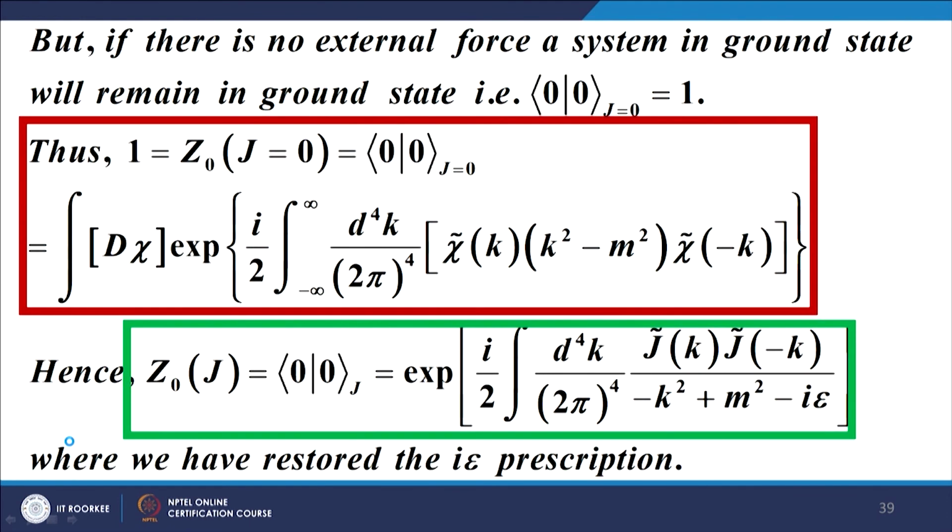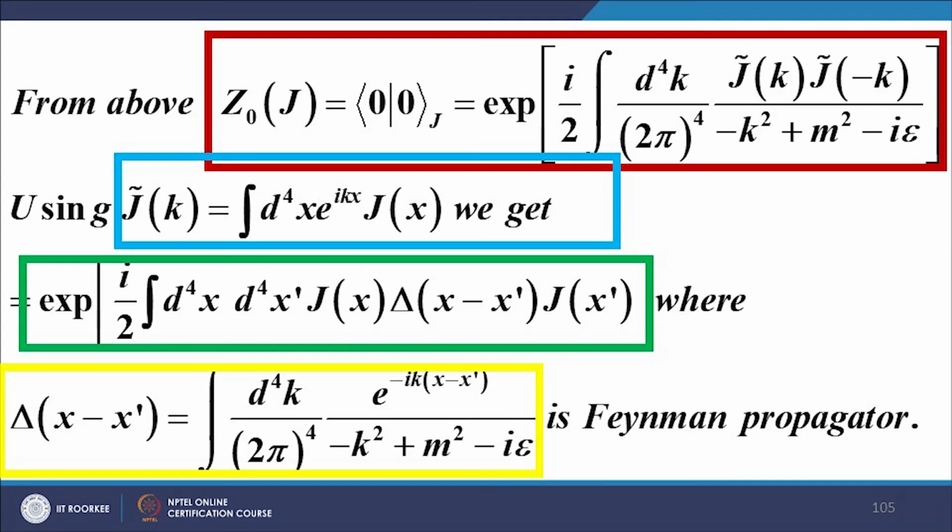Hence, we have the path integral equal to 1, and therefore, we have Z0 of j equal to the exponential. In the presence of a source, the path integral becomes 1, and we are left with Z0 of j equal to exponential of i by 2 and so on. This whole thing in the green bracket becomes the expression for the generating function for the free Klein-Gordon field.